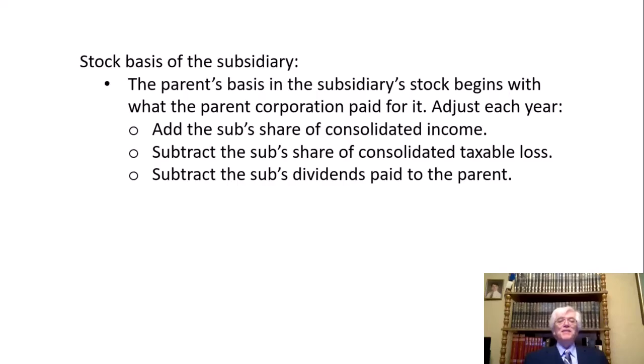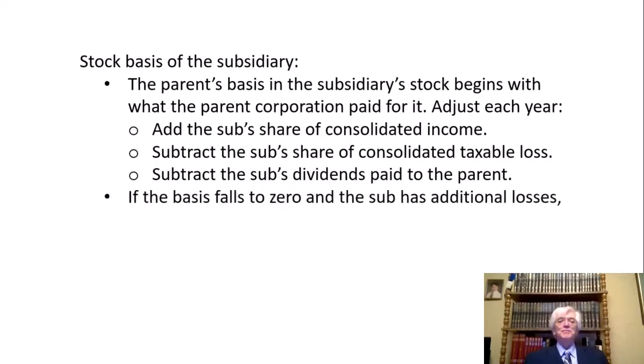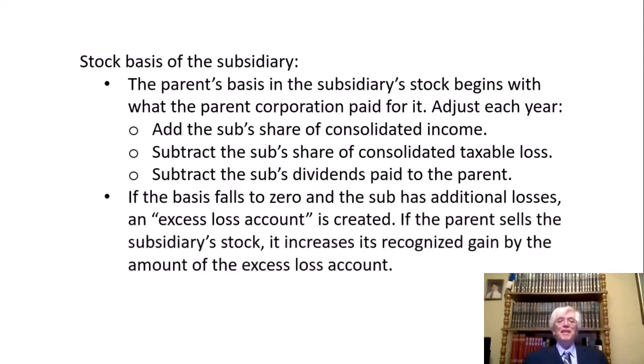One thing is different about taxes is that basis can never be negative. If basis falls to 0 and the subsidiary has additional losses, Congress decided to fudge things a little bit. They said, okay, basis can never be negative. We don't want to change that rule, so fine, basis cannot be negative. We'll create something called an excess loss account.